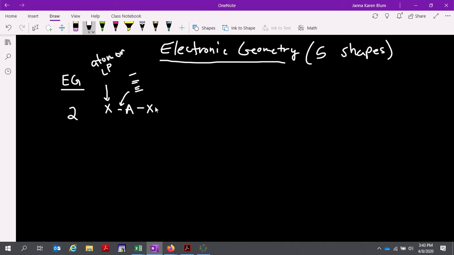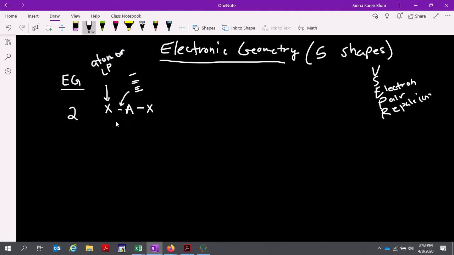And the idea of valence shell electron pair repulsion. So let's jot that out again. VSEPR, valence shell electron pair repulsion says that these electron groups, whether it's a bonding electron group or a lone pair, want to be as far away from each other as possible.